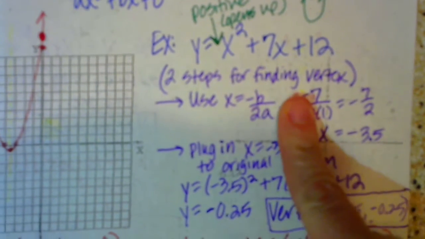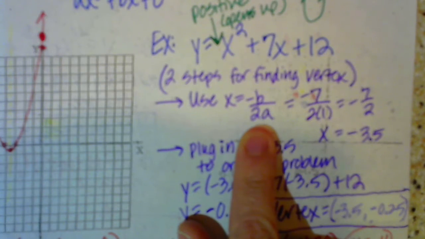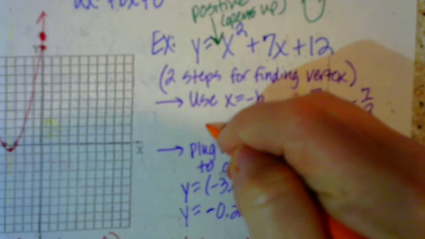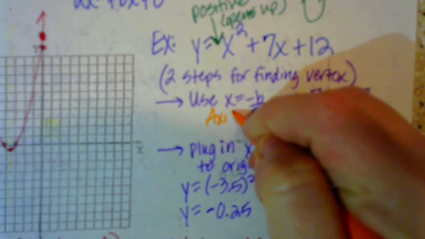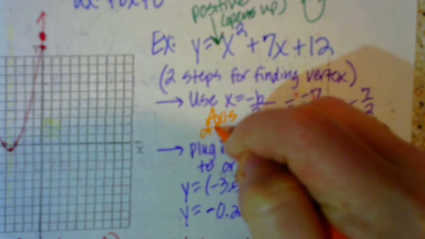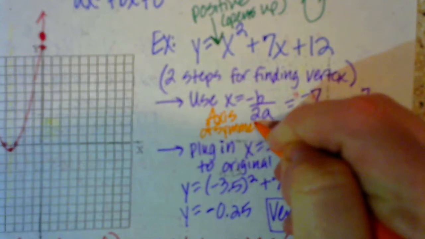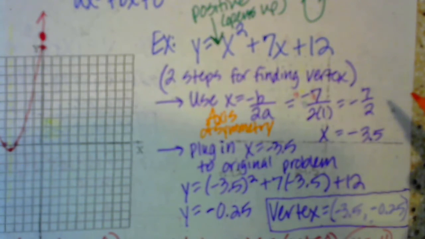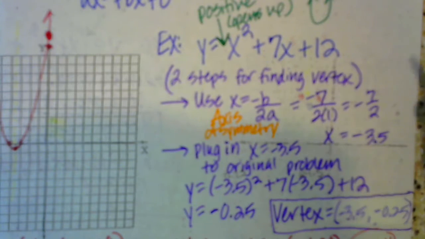The two steps for finding the vertex, first you've got to find the axis of symmetry. That's what this is called. It's abbreviated sometimes AOS, axis of symmetry.